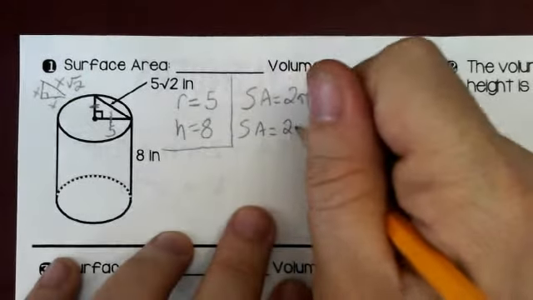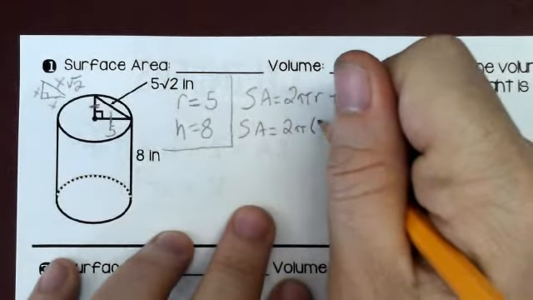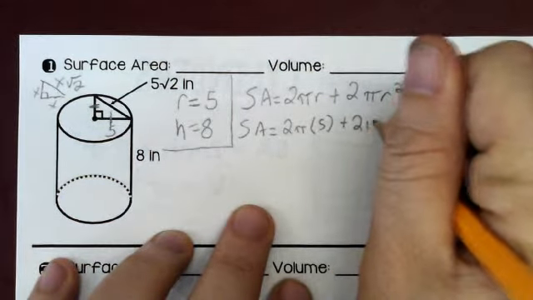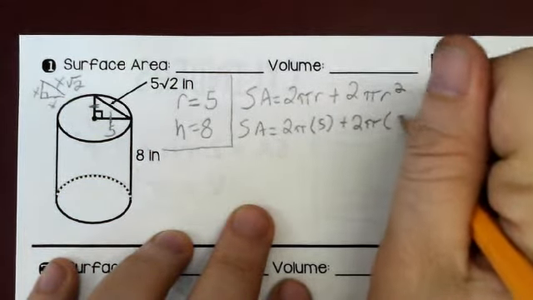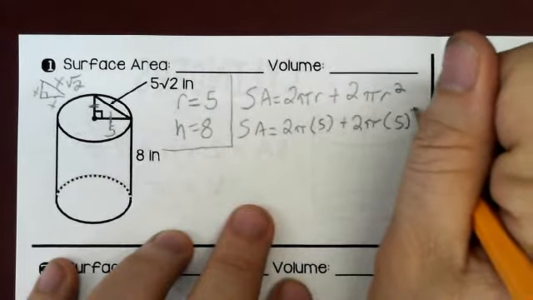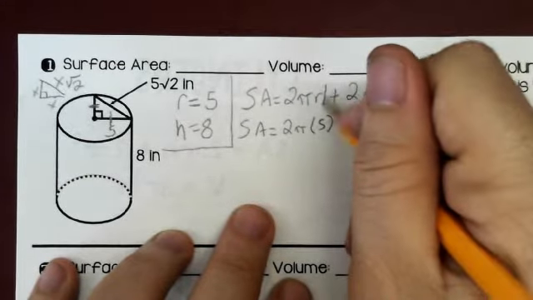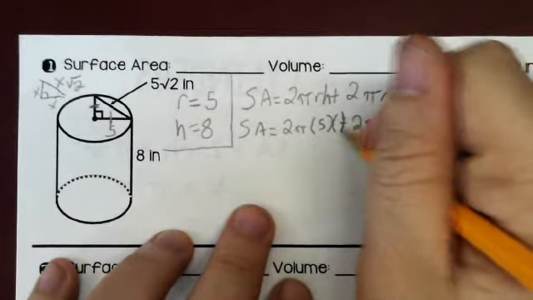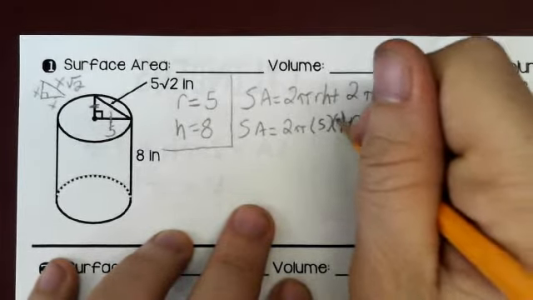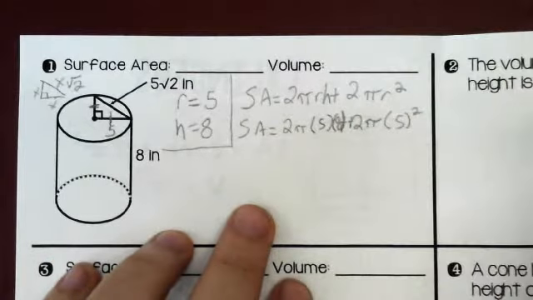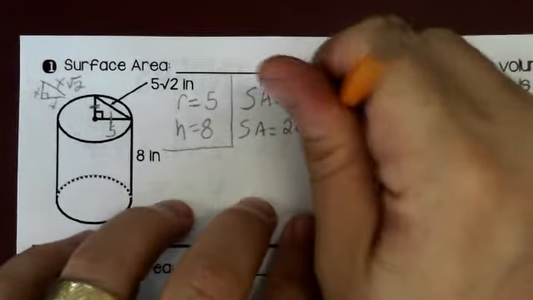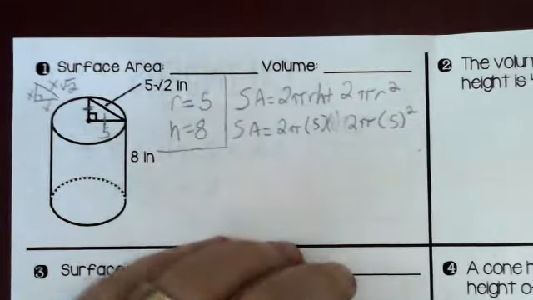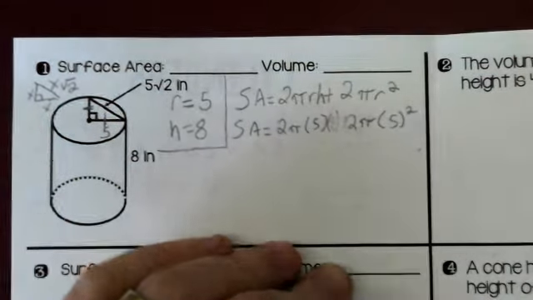Surface area equals 2 times pi times 5 plus 2 times pi times 5 squared. Oh, I forgot that there's an h right here, and so that needs to be times 8. Let me fit this in just a little bit better.